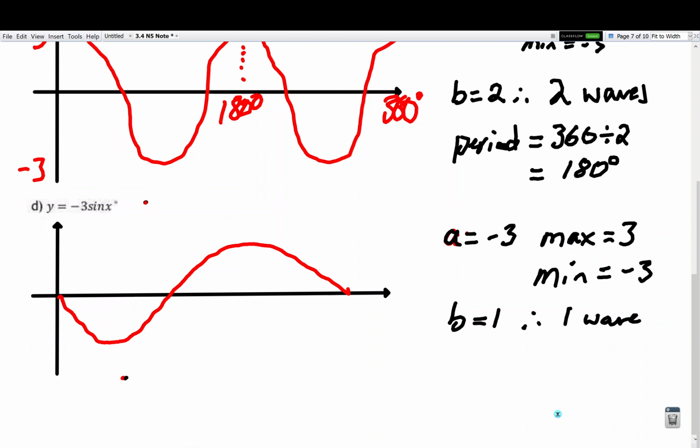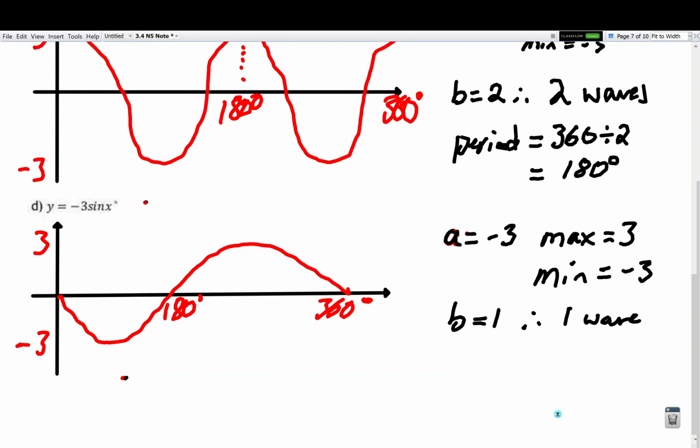Try and draw it as accurately as possible. And we're going down to -3 and up to 3, one full wave in 360. So you can mark on your points here, 180 degrees, 360 degrees, and that's you finished.